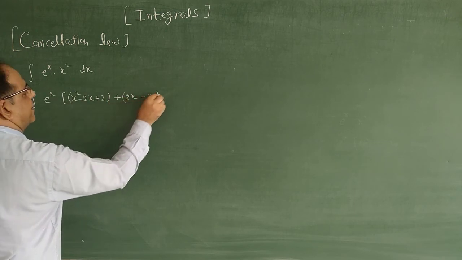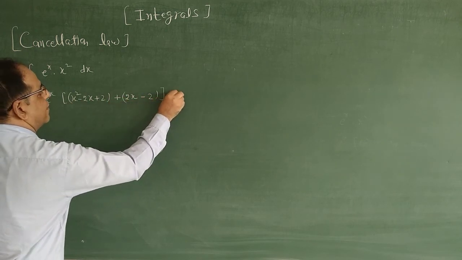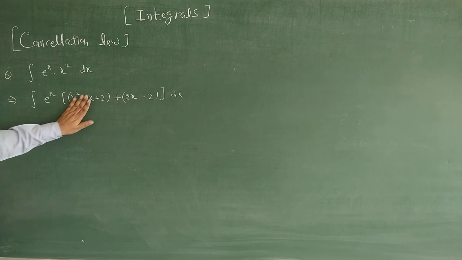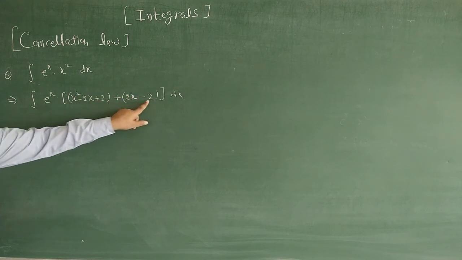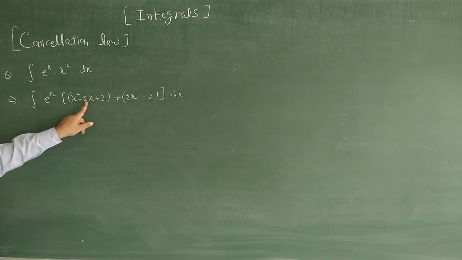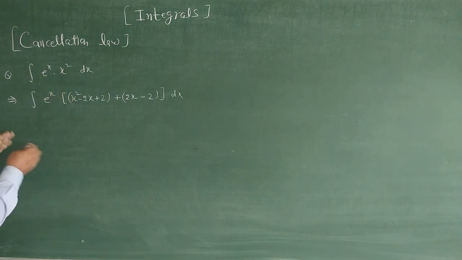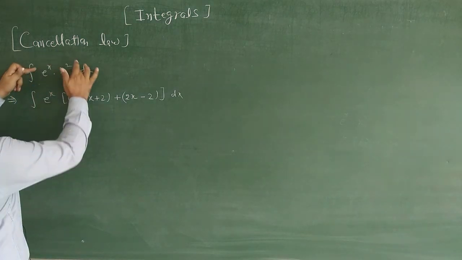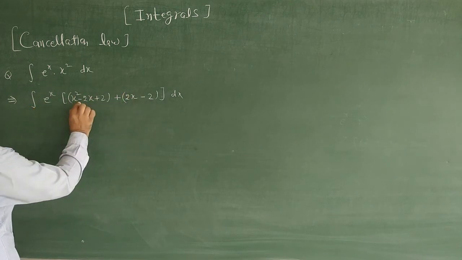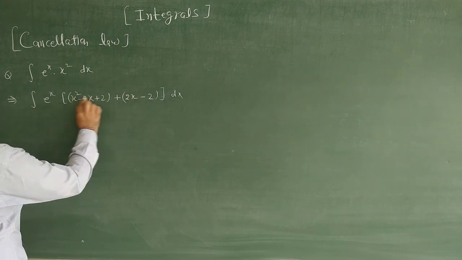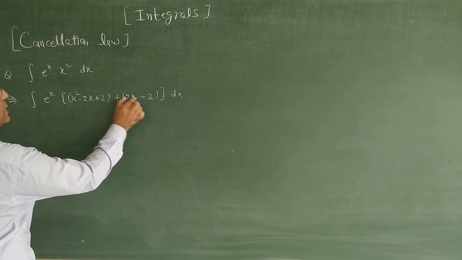Please observe here, if you simplify this, 2 cancels with minus 2, 2x cancels with minus 2x, and you have only e to the power x square, but we convert this function into the cancellation law format. The differential of x square is 2x, balanced by minus 2x.